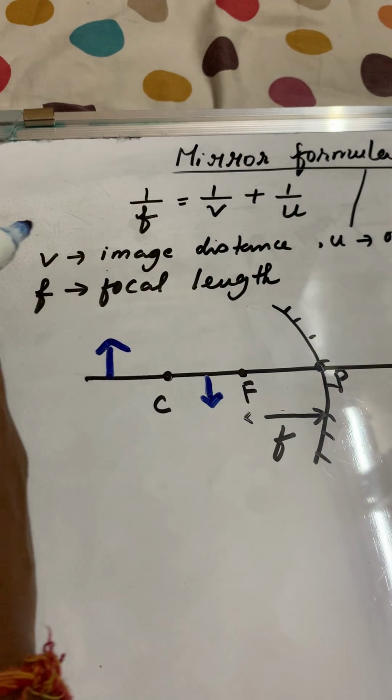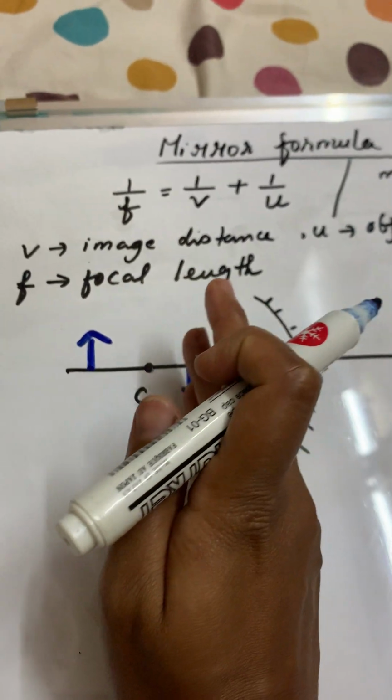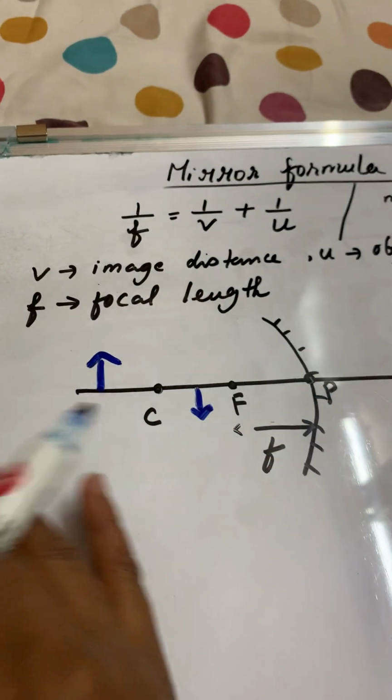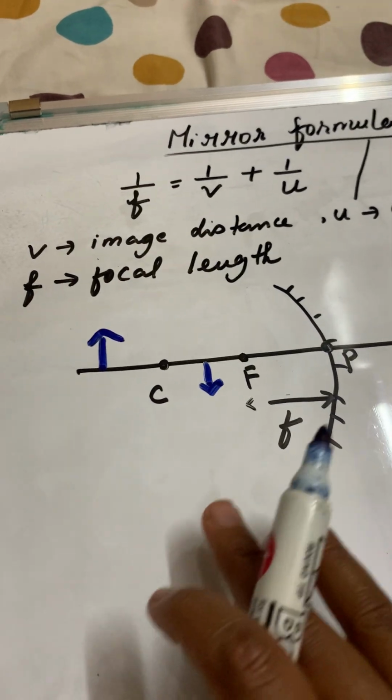As the object approaches nearer and nearer, the image shifts away from the focus towards C. I have explained all these things in another separate video, so you can have a look.